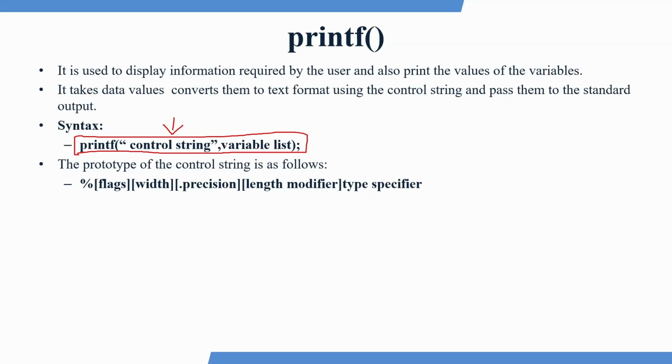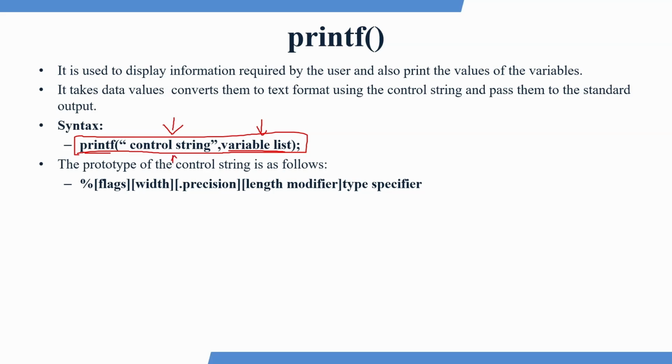All the letters of printf must be in smaller case. Within the brackets we have to mention the control string, then a comma, and then the location name of the value we want to show to the user. Location name here is obviously called a variable name, which we have to pass here.